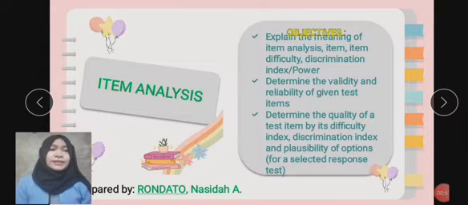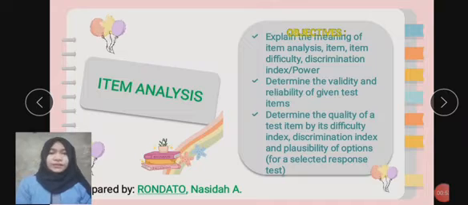But before that, let's see first the objectives of our lesson.